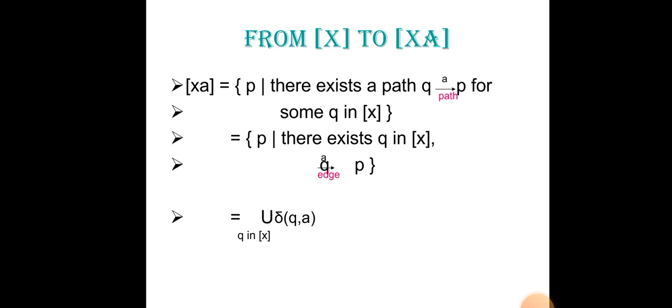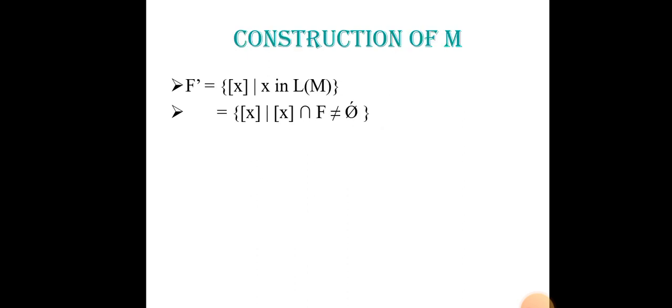From x to xa there exists a path, from q to p on a, for some q in x, and p exists in x, and it ends with the union of delta of q, a over q in x.